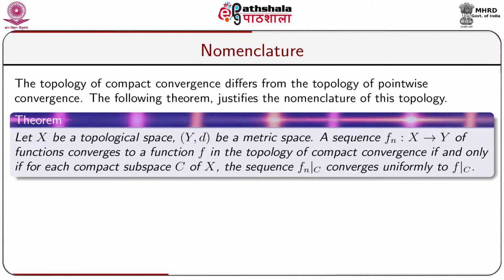In the definition, we have seen that the basic open sets in the topology of compact convergence are defined as B(C, f, epsilon), that means all functions from X to Y which are less than epsilon distance from f on C. From this definition, this theorem follows easily.